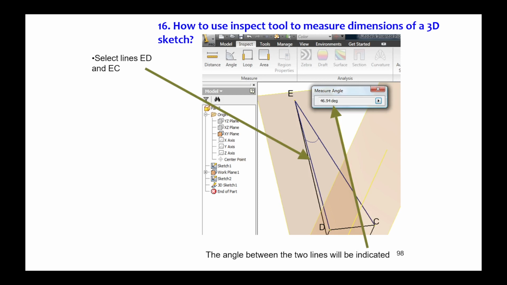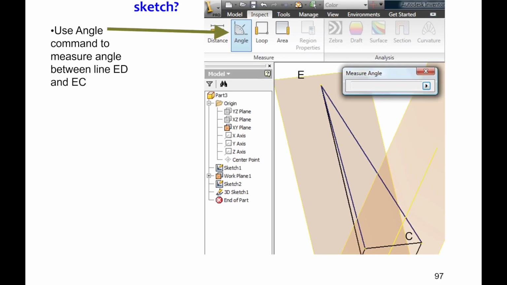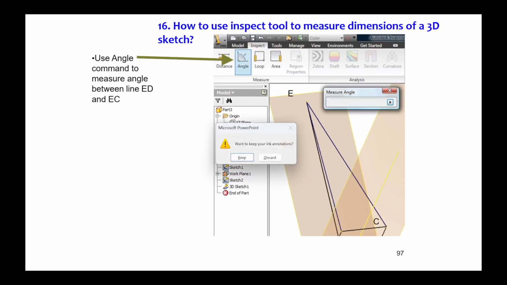How to do that? How to open this thing? One thing.